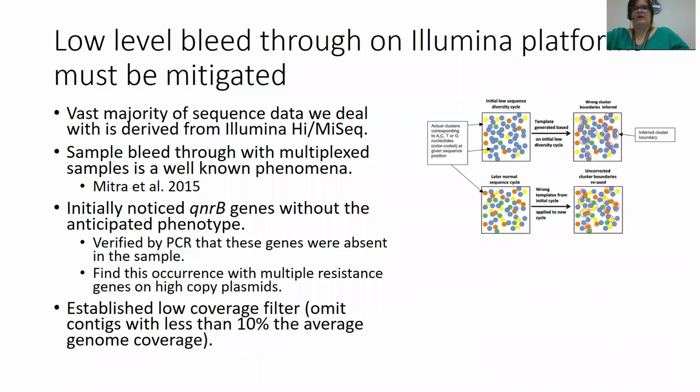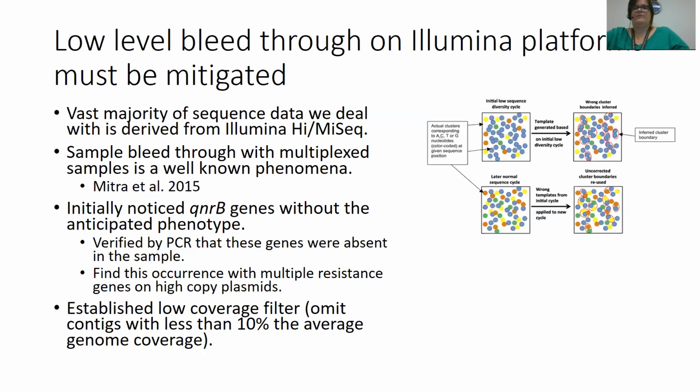This became a problem for us because we started noticing some genes present on very low coverage contigs that were not associated with their anticipated phenotype. We verified by PCR that these genes were truly absent in the sample, and we often found that these occur with genes that are typically on very high copy plasmids.